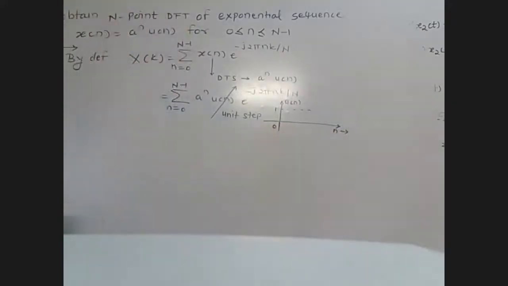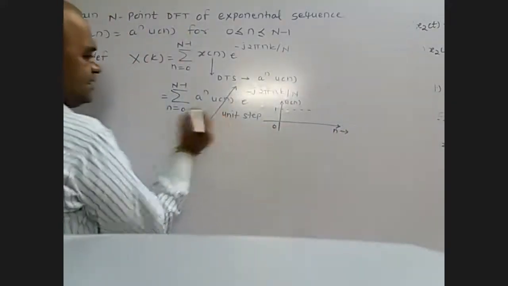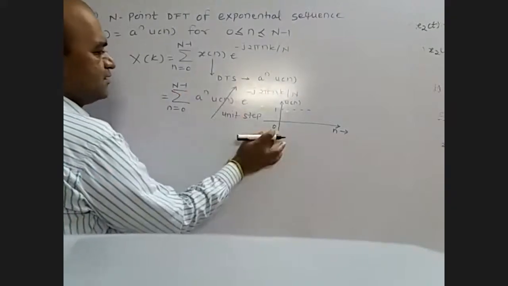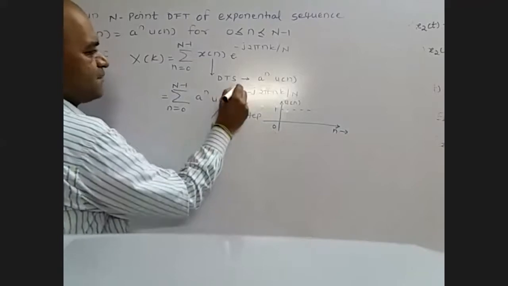This is the basic definition of the unit step signal. So for n equal to 0 to N minus 1, its value is 1, so we replace it by 1.